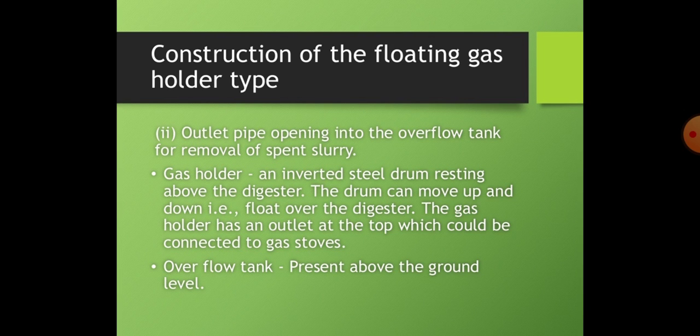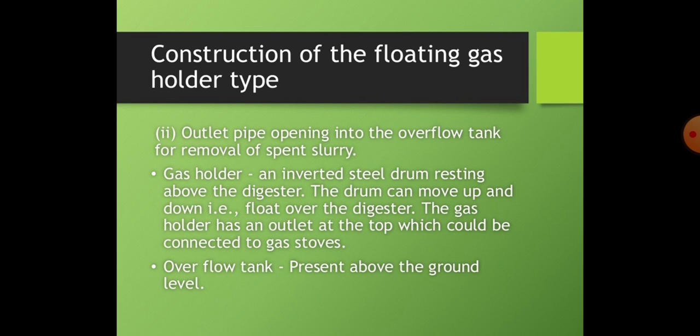Therefore it is called floating or movable drum type biogas plant. The gas holder has an outlet at the top which can be connected to the gas stove. It is also called a gas holder because it contains gas. The overflow tank is present above the ground level.